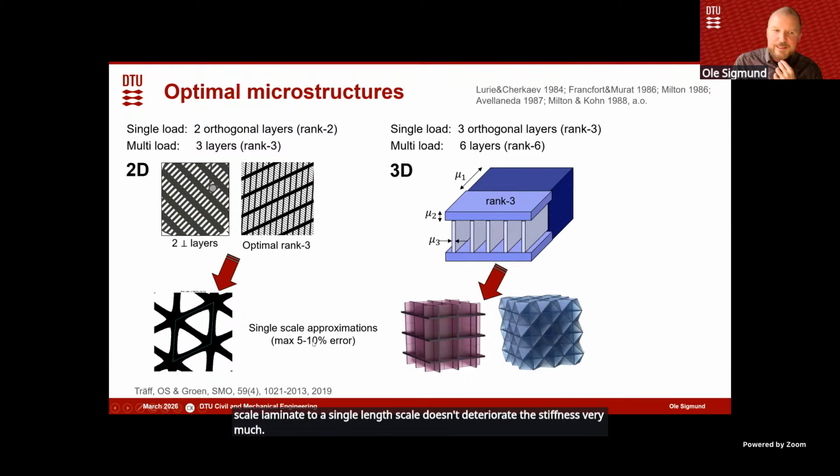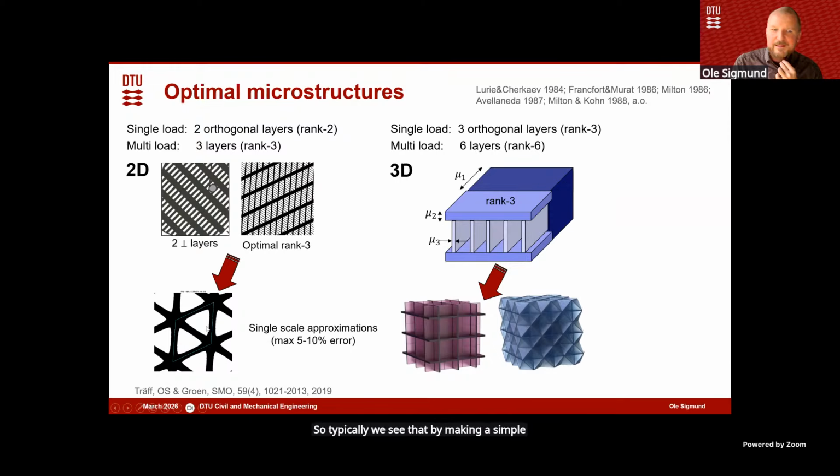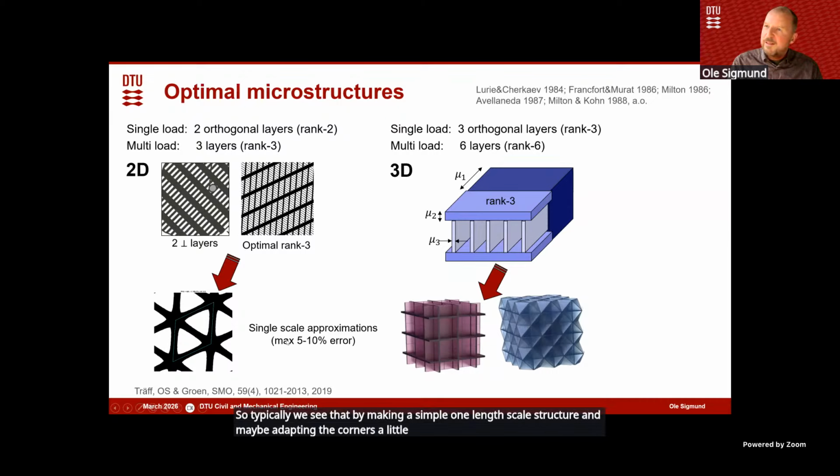So typically we see that by making a simple one length scale structure and maybe adapting the corners a little bit, we deteriorate the stiffness by maybe 5 to 10%. But in reality, or mostly, we are actually still recovering something very close to optimal microstructures.